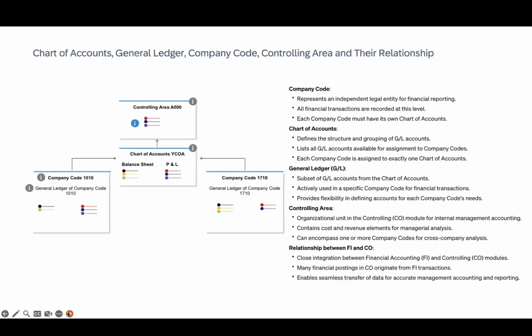So the chart of accounts in S4, we have what's called the operating chart of accounts, which is designated YCOA, and all companies share that chart of accounts or use the same chart of accounts. That then allows us, the benefit of easy reporting across companies. We do have the ability to restrict postings to certain accounts in each individual company. We look at that a little bit later on. But the operating chart of accounts is a central chart of accounts which is shared across that.